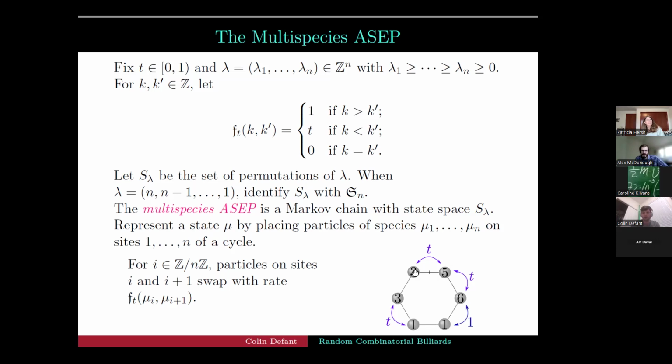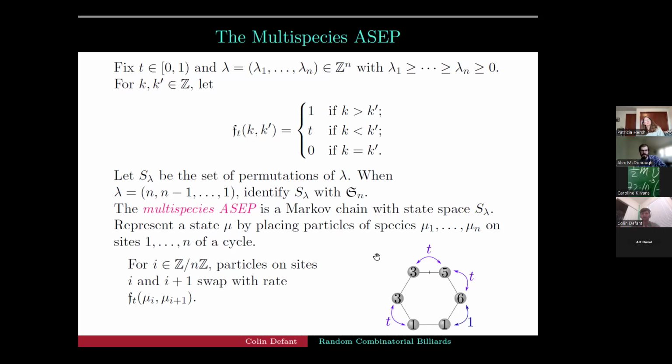So here, the 3 is less than the 5, so they swap with rate t. 5 is less than 6, so they swap with rate t. 6 is bigger than 1, so they swap with rate 1. 1 is less than 3, so they swap with rate t. The 1s don't swap. I mean, even if they did swap, it wouldn't make any difference because they're the same. Same with the 3s here. So this is how the Markov chain works. So this is the multi-species ASEP.